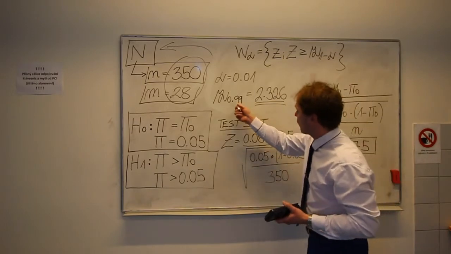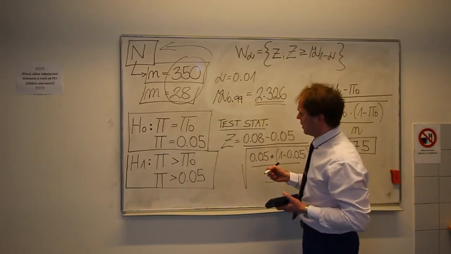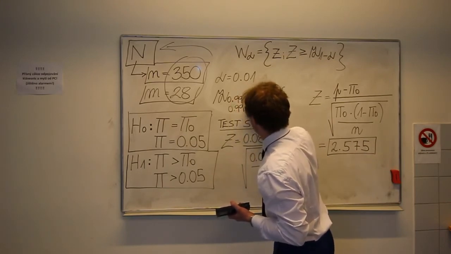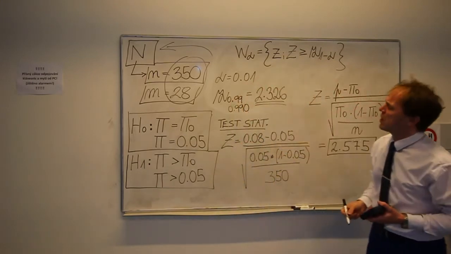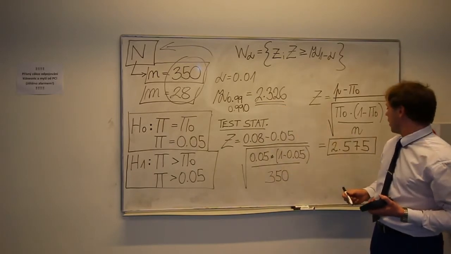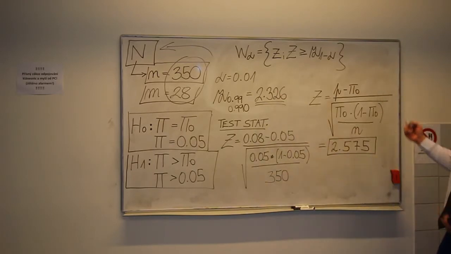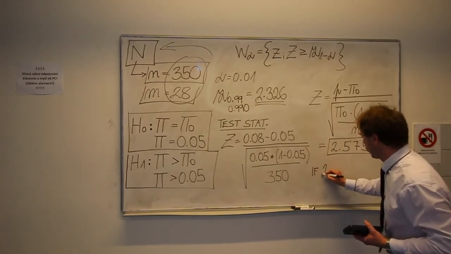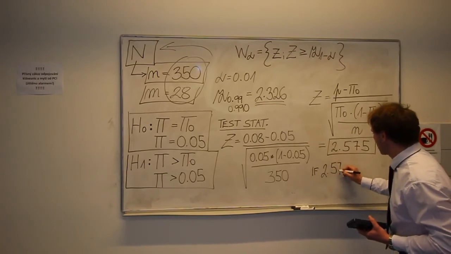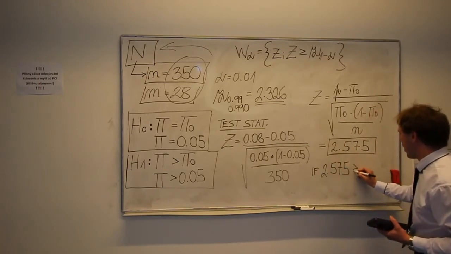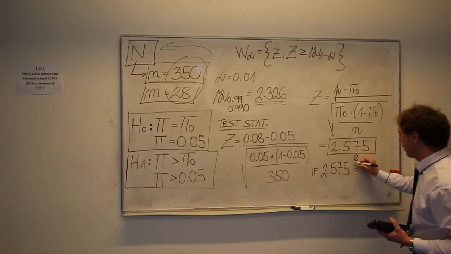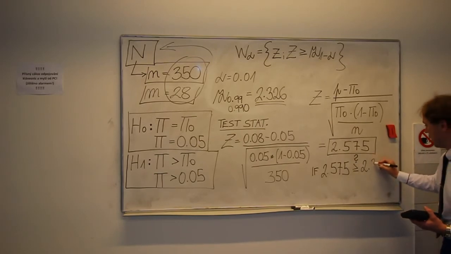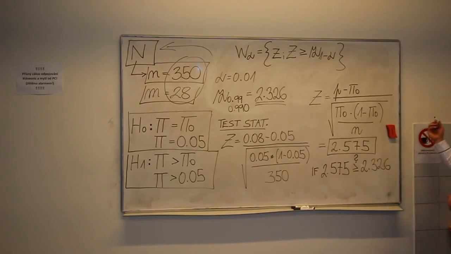Find the p-value 0.990, and the result of this quantile is 2.326. And now there is a question: is 2.575 higher than or equal to 2.326?